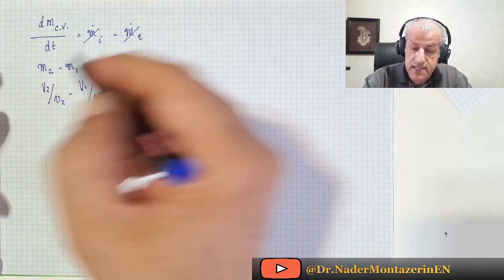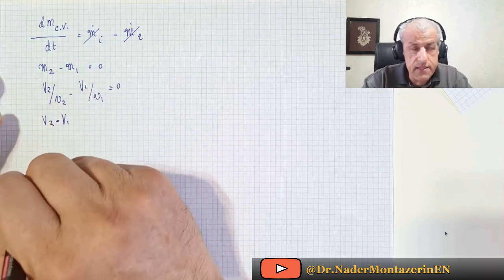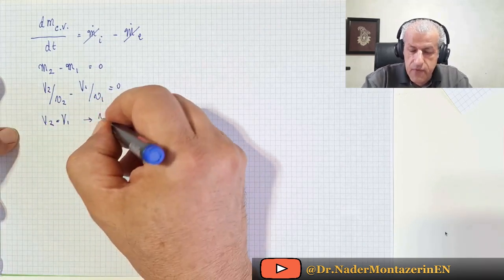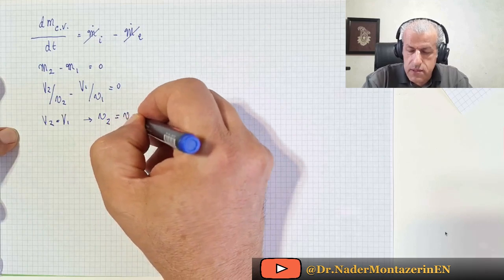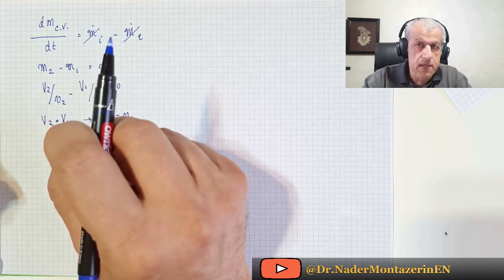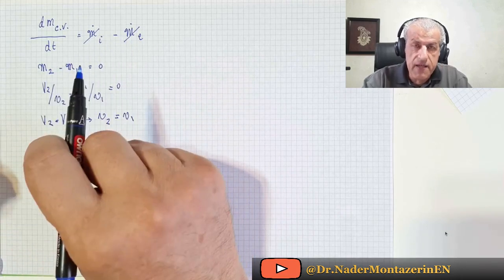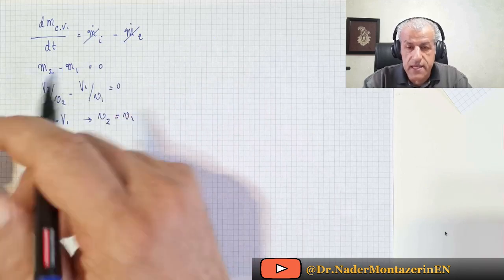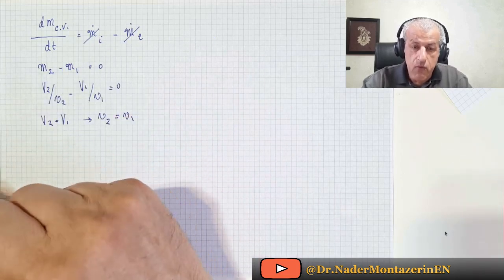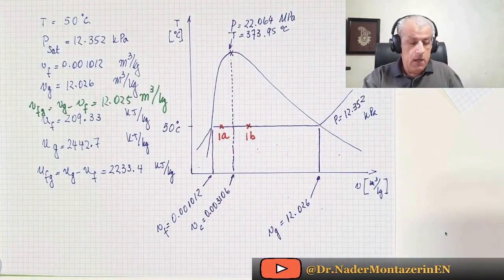Now, since V2 equals V1, since it's a rigid tank, therefore v2 equals v1. It means that in both cases, case A and case B, the final specific volume equals the initial specific volume. Well, that's a very interesting conclusion. Let's draw it on our diagram.